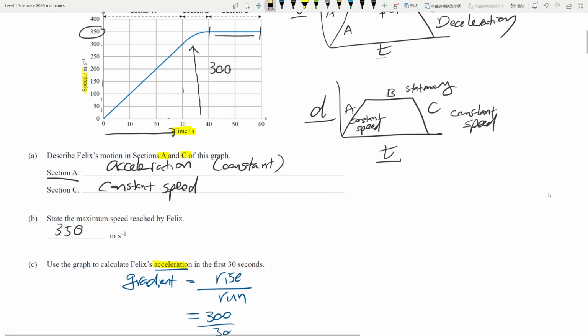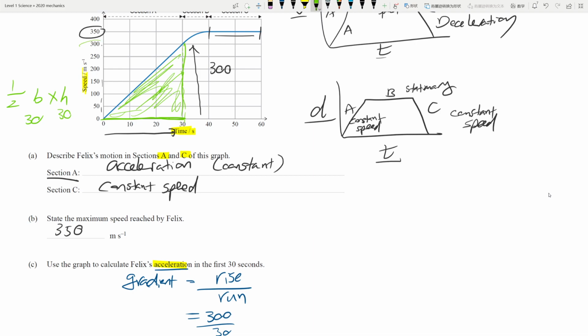So if I use a different color, for the first 30 seconds you can see this is a triangle. So you're just trying to find the area of the triangle. Triangle is half times base times height. What is the base? How long is this line? That's 30. How high is this line? That's 300.